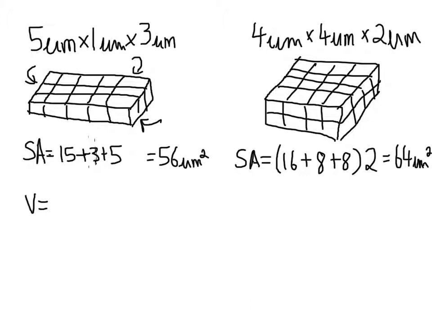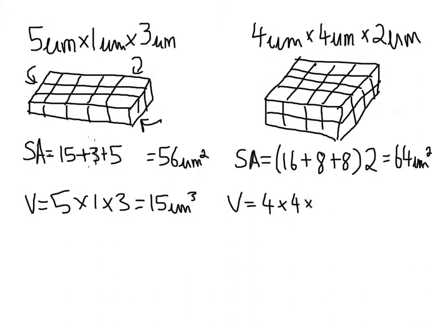Volume is calculated by multiplying length times width times height, which gives us a total of 15 micrometers cubed here, whereas here, 4 times 4 times 2 equals 16 times 2, 32 micrometers cubed.